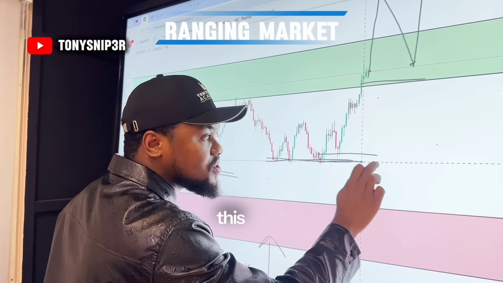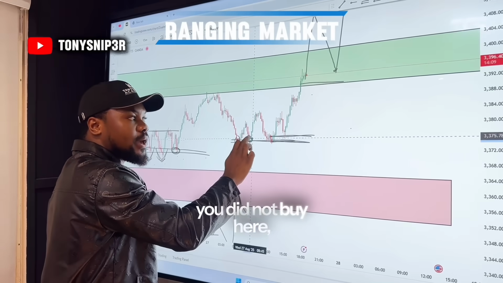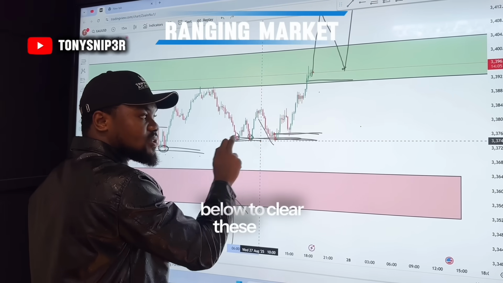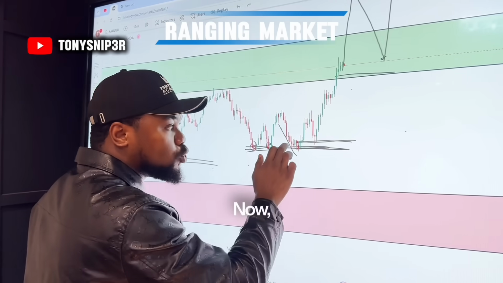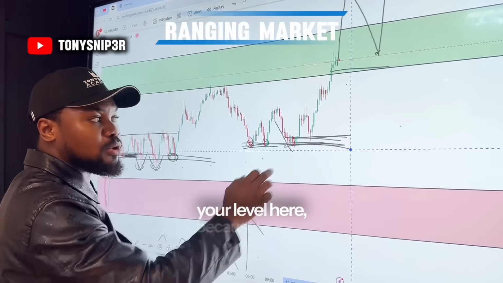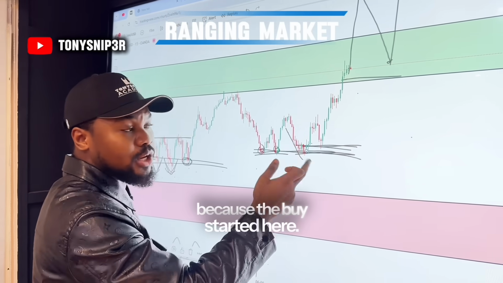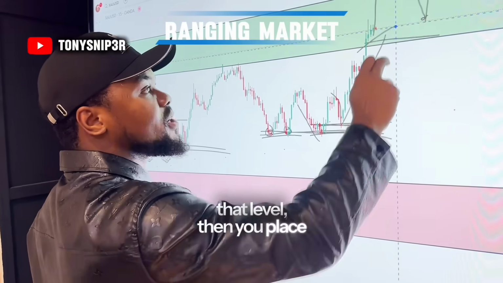It would be around this zone. You did not buy here, you waited to see what will happen. Now this one went below to clear these two. Now you know that the buy can actually happen properly. Now you place your level here, because initially, see where the key POI is, because the buy started here. You place your level here, wait for gold to rally into that level, then you place a buy.